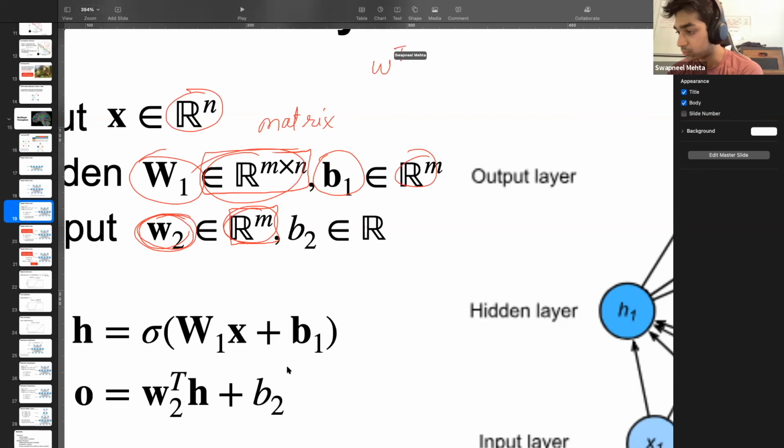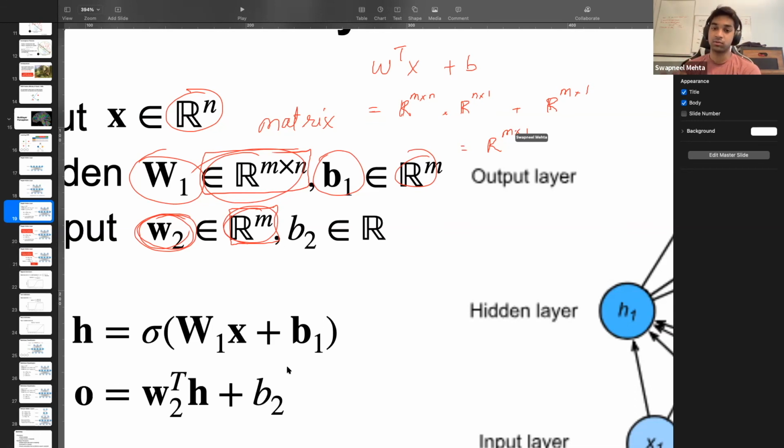So W transpose X plus B should be R^(m×n) times R^(n×1) plus R^(m×1) equal to R^(m×1). I'm just doing a dimensionality analysis, so hopefully that answers your question about taking the norm of these weights.